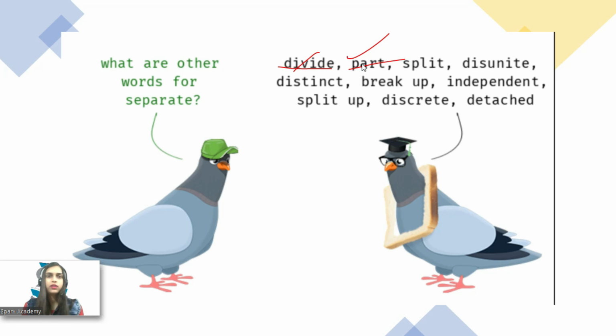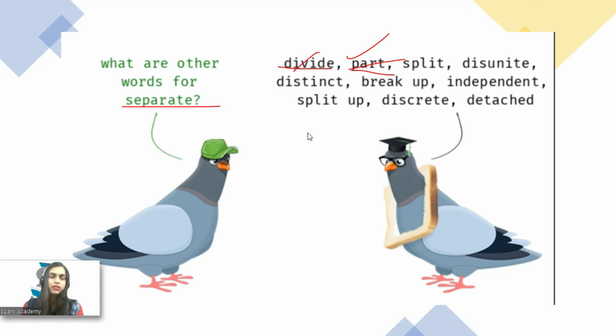We just want a word which starts with the letter P, that is part. So part is the word which starts with the letter P and is similar in meaning to separate. And all those other words which are synonyms for separate start with different letters.